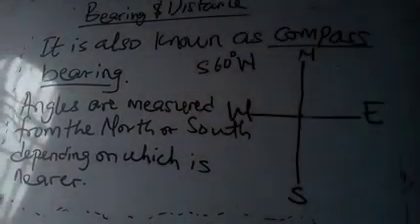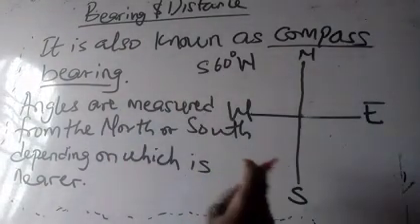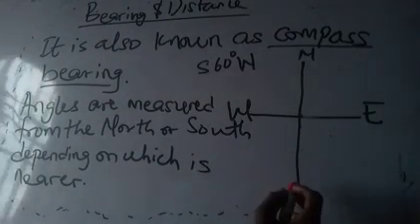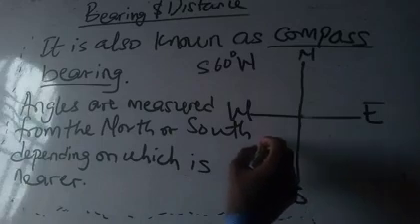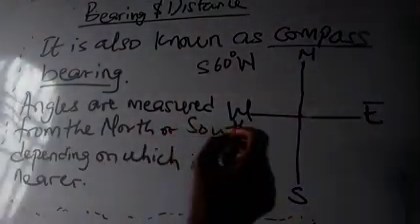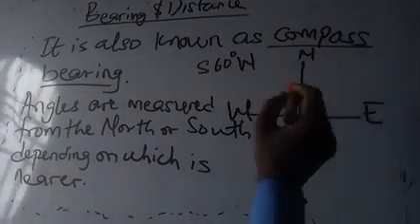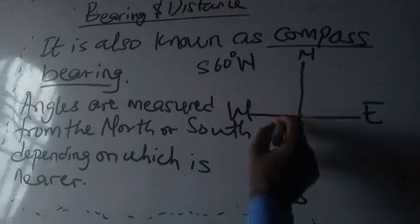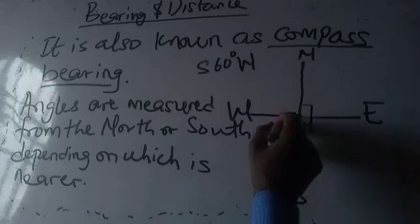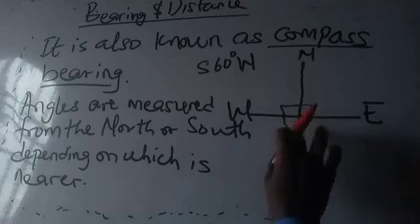Here is another example, 60° south of west. So it is coming from the south to the west, and that is 60°. Remember that when two lines bisect each other at a point, here to here is 90, another 90, here to here is another 90, that's angles at a point, giving us 360.